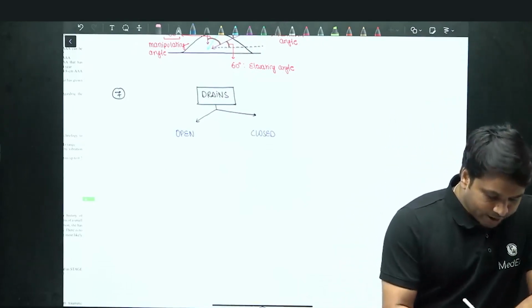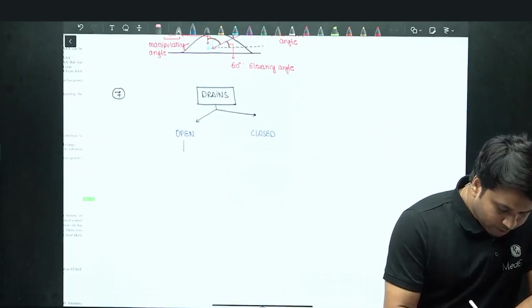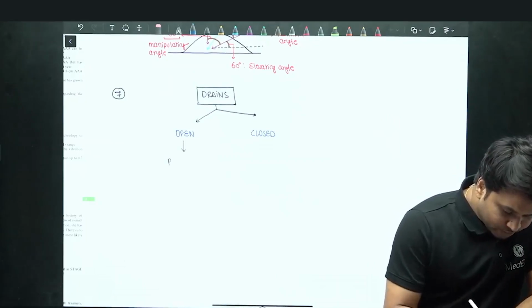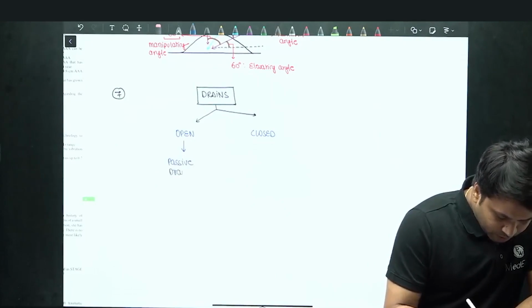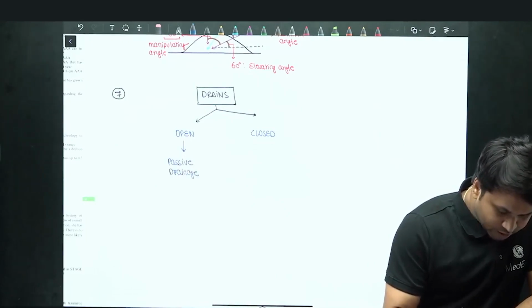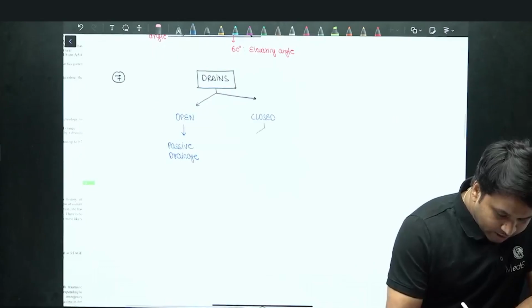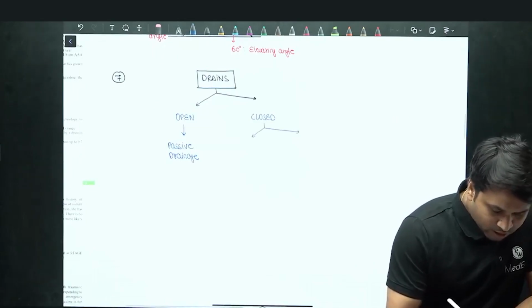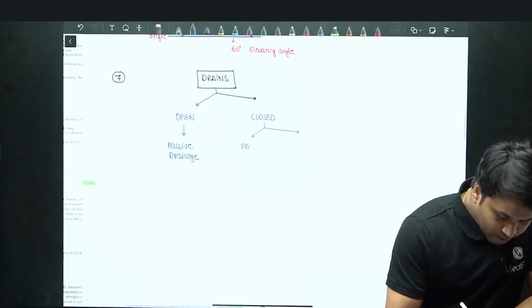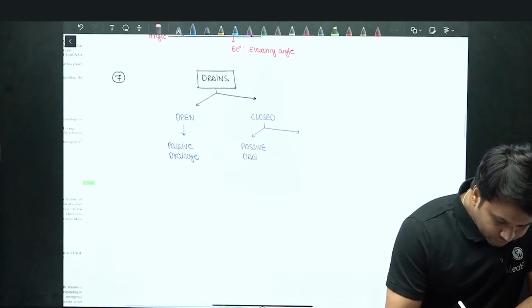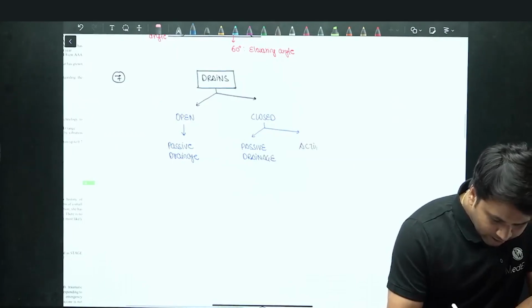Open drains work on a principle of passive drainage. Closed drains can have 2 components: one that is working on passive drainage, and one that is working on active drainage.